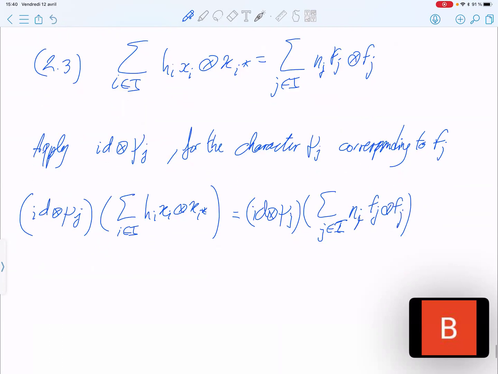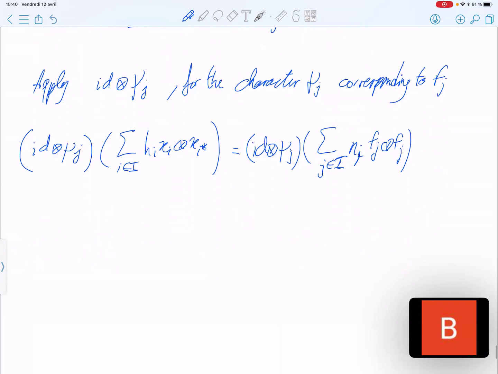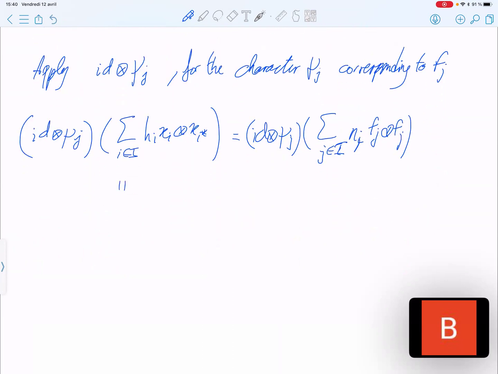Okay, so it's linear, so you can develop, and you get the sum for i in I of h_i, x_i, mu_j, x_i star. And let me put an i everywhere, otherwise there will be confusion with the notation.